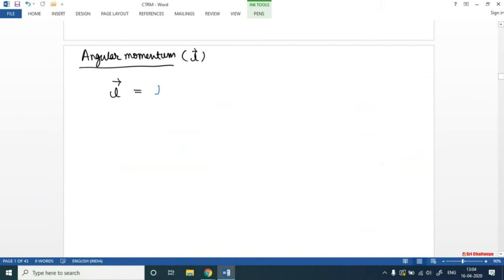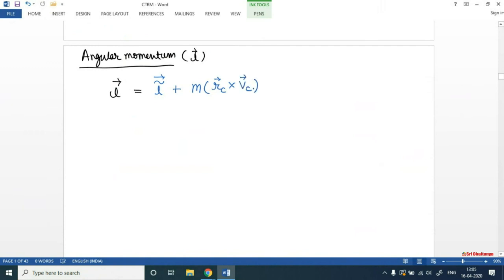So this expression was the angular momentum of the system of particles in the C frame, plus the total mass of the system of particles m into the position vector of the center of mass with respect to origin, cross velocity of the center of mass.